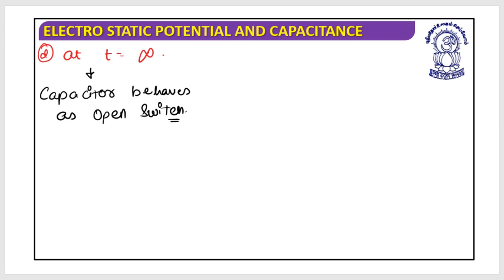And when I say it's an open switch, I mean you just need to remove the capacitor and not connect anything. So my diagram should look something like this. This is the situation. This is R1. Here the capacitor was there. Now it has been disconnected, and here is the other resistance, R2.